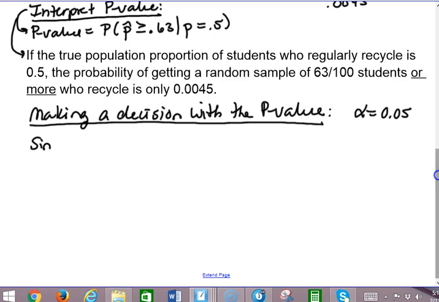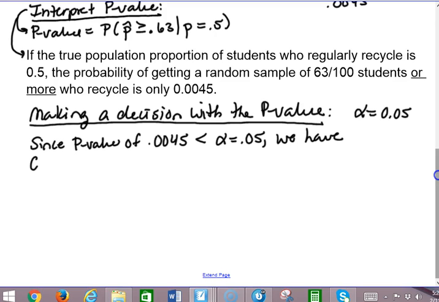We say since our p-value of 0.0045 is less than alpha equals 0.05, we reject the null hypothesis.